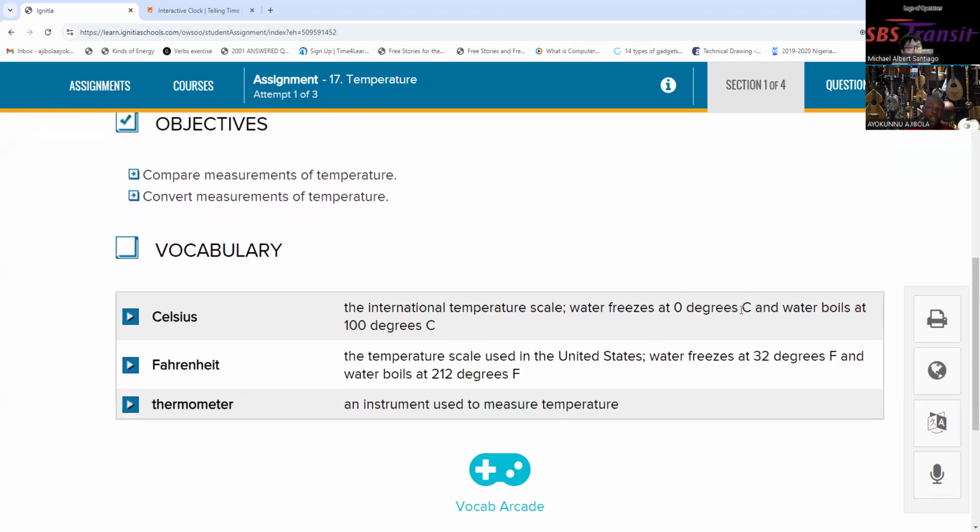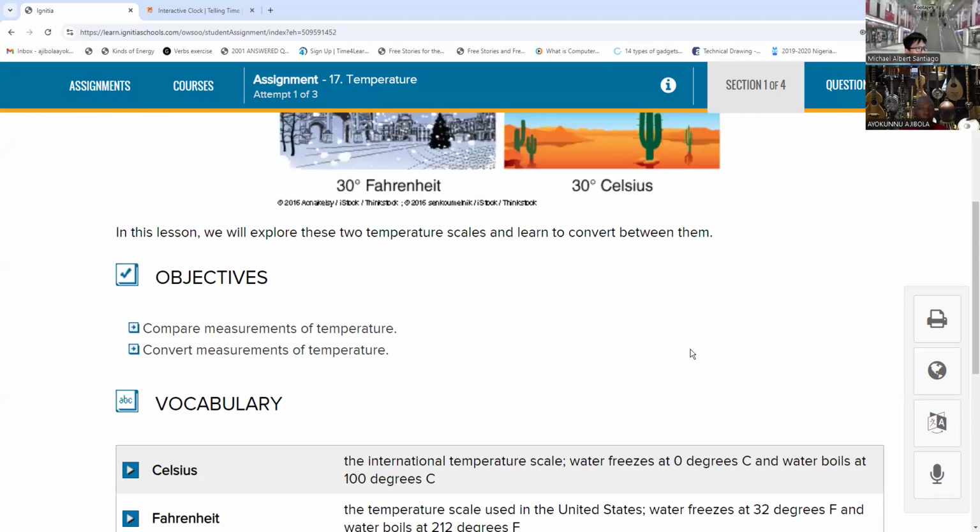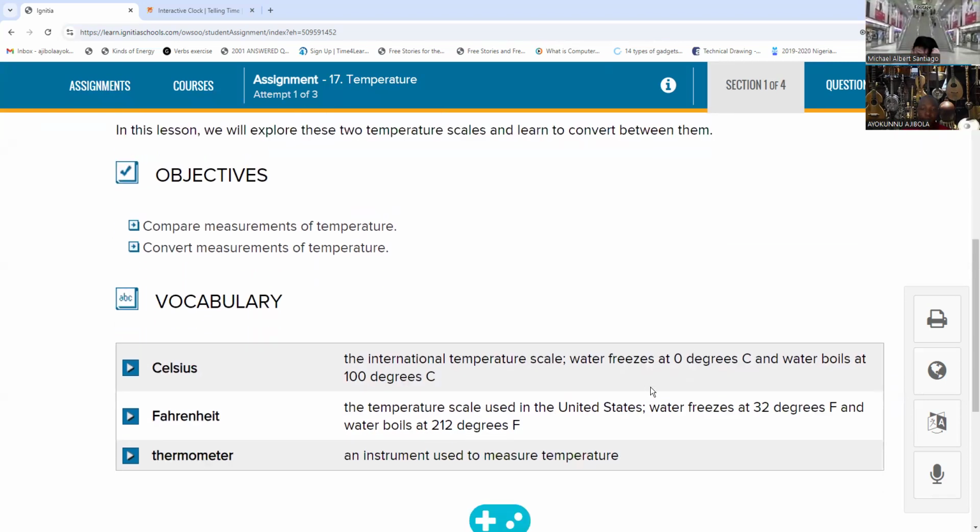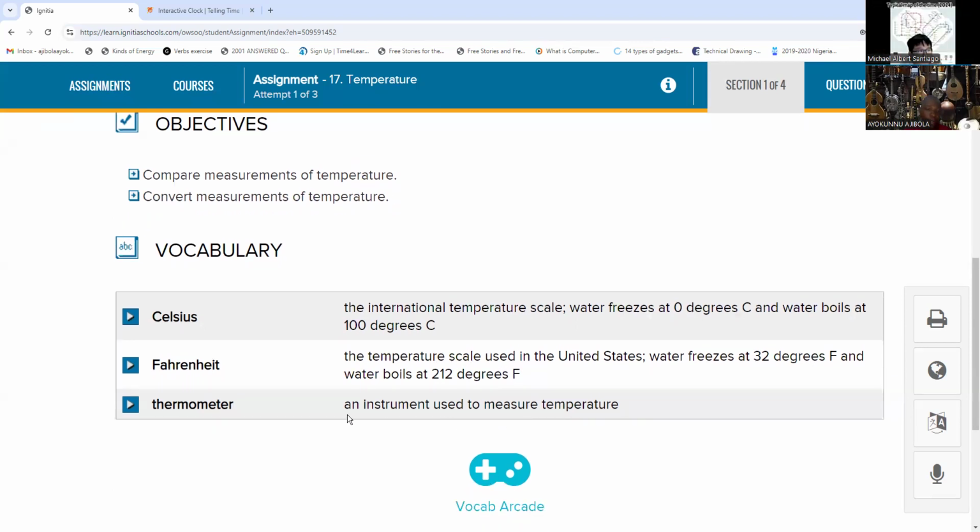Water freezes at 0 degrees C and water boils at 100 degrees C. In the United States, water freezes at 32 degrees Fahrenheit, and water boils at 212 degrees Fahrenheit.